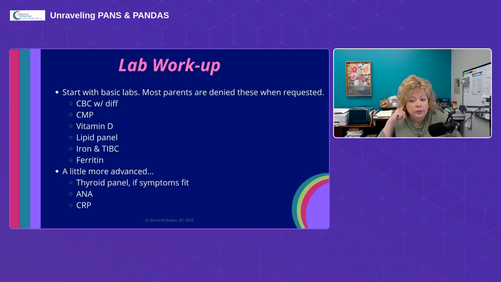We always look at a lipid panel also because low cholesterol can cause kids to look a bit psychiatric in some cases. It can definitely affect mood. It can definitely affect behavior. And a lot of kids who we do this test on show pretty low levels of cholesterol. So we want to make sure that we're clearing out any other potential trigger, right?